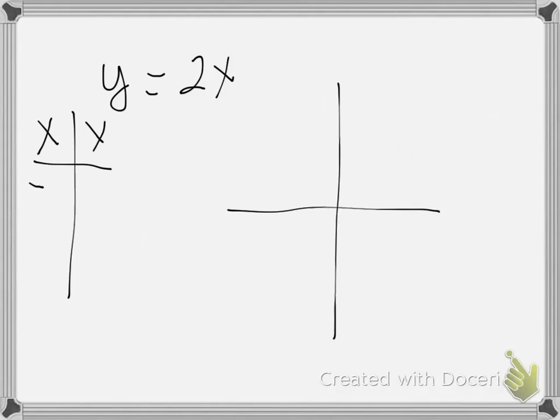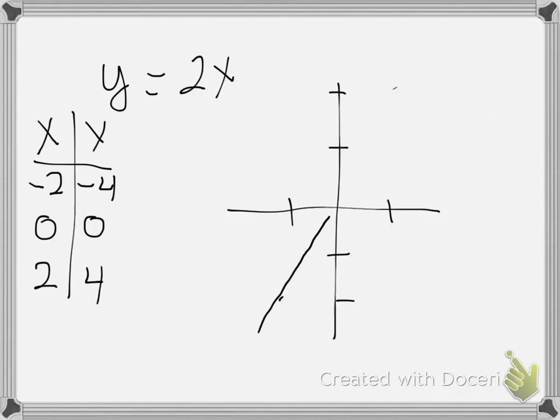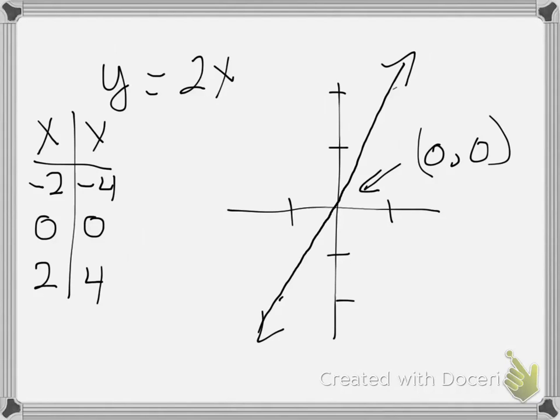And let's go negative 2, 0, 2, and I'd get negative 4, and I'd get 0, and I'd get 4. So I would be here, and up there, and probably there, and there, and the line, you notice, goes through the origin, right? Because we don't have a y-intercept that we're adding here.